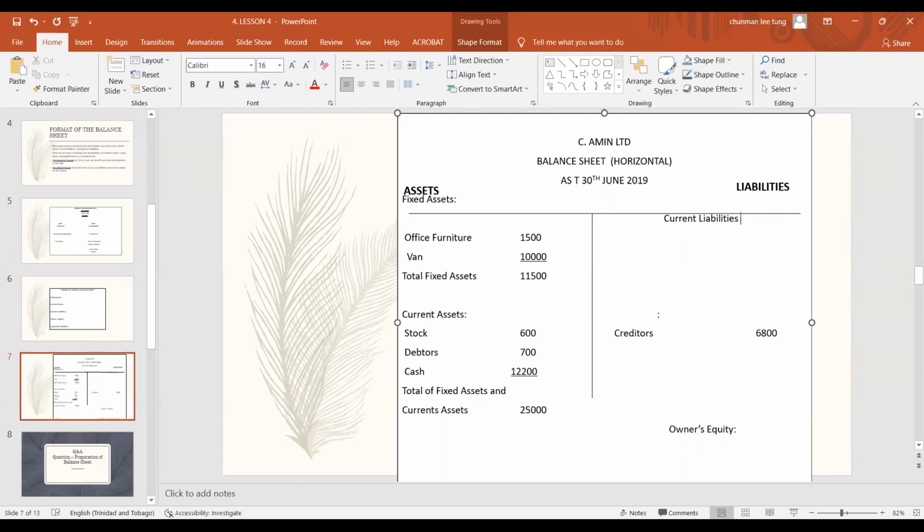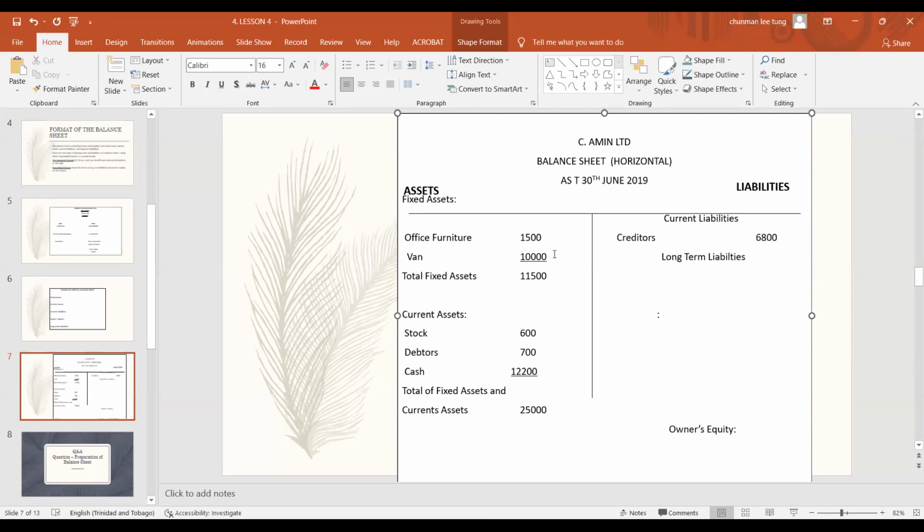I'm just making that adjustment. Then you have your long-term liabilities. That's next.